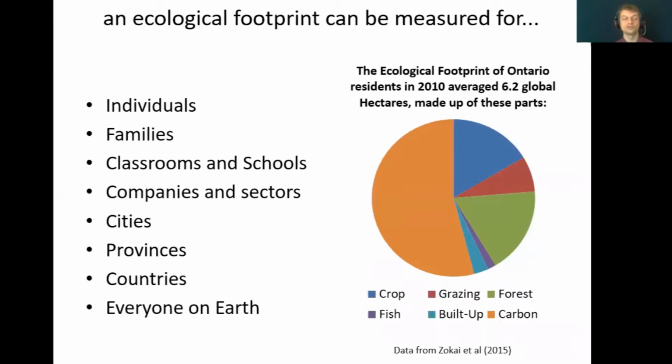Now, this is great news from an ecological perspective and from an environmental perspective. What's noteworthy is that a key factor that reduced the footprint was the reduction in the carbon component, which was reduced because Ontario was not burning as much coal to generate electricity, as part of the government's plan to phase out coal-fired electricity generation.